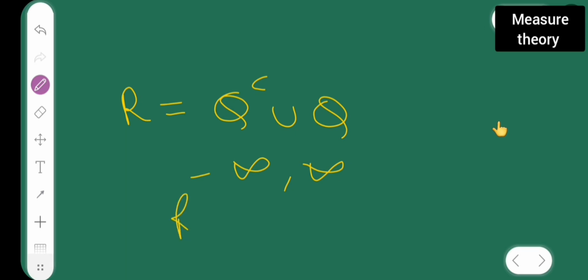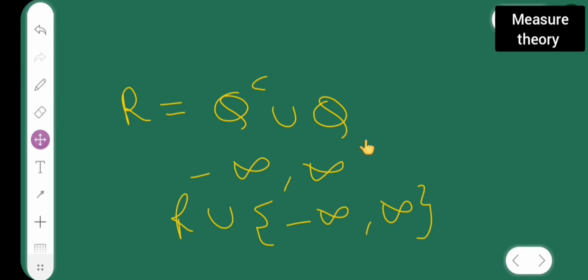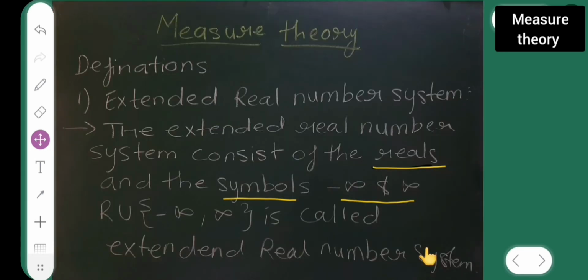R union {minus infinity, infinity}, this particular set is called the extended real number system. So if we add two symbols to this, we are going to get the extended real number system. So you all have to know the definition of the extended real number system.